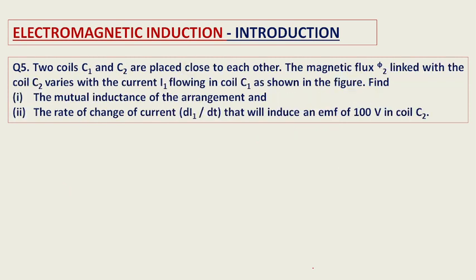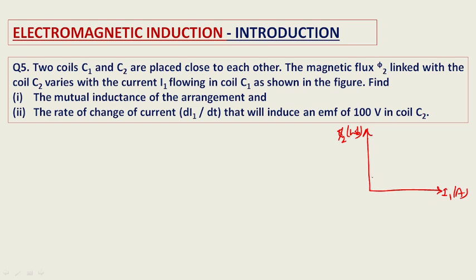Next question. Okay, so in this question, two coils C1 and C2 are placed close to each other, and we are being given a graph where this is I1 in ampere and the flux generated phi2 in Weber.